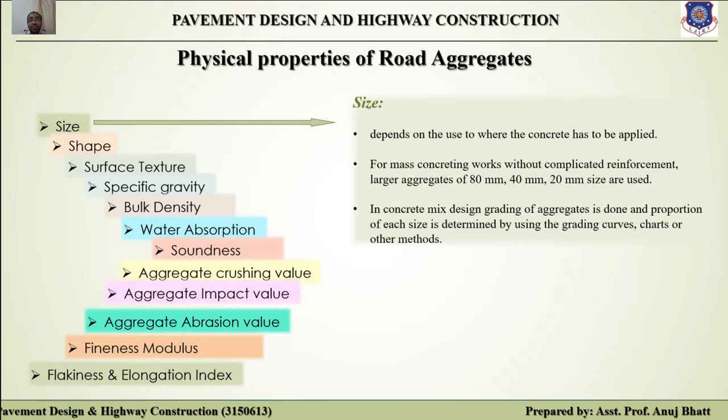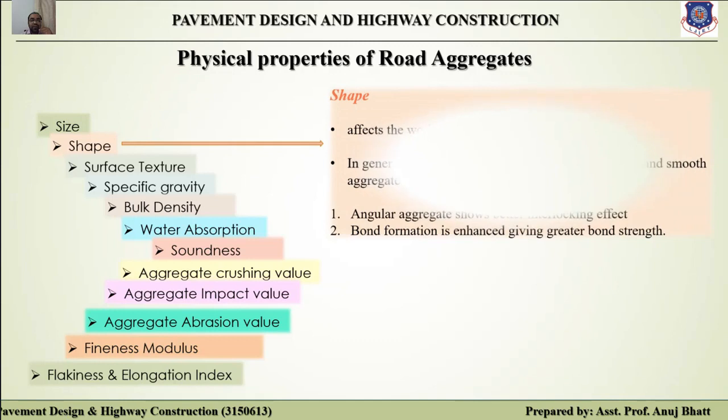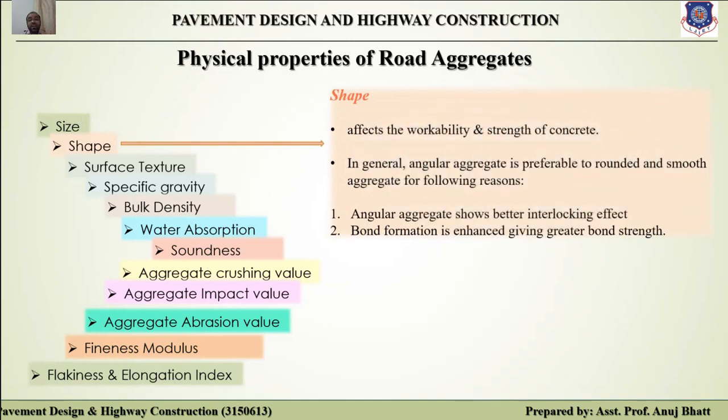Next is the shape of aggregate. How the shape of aggregate matters when you are using it for various types of construction. The shape of aggregate is an important characteristic, as it affects the workability of concrete.